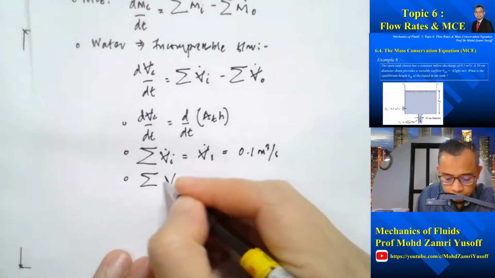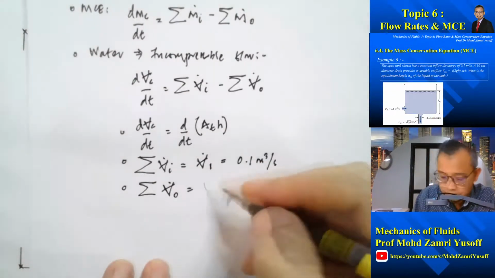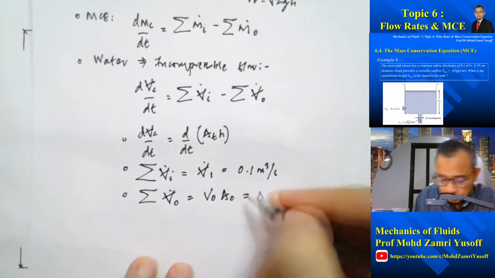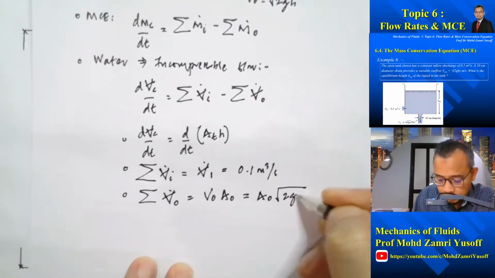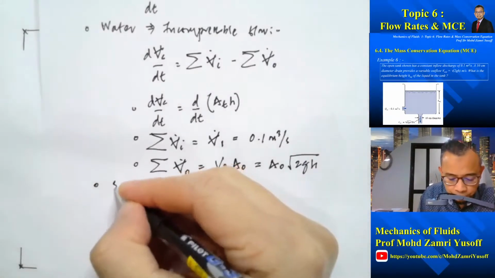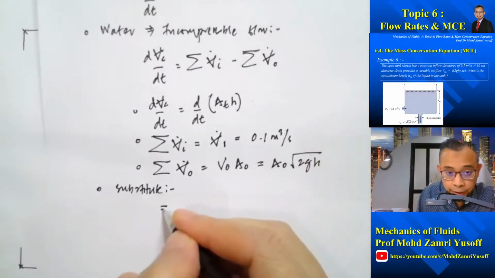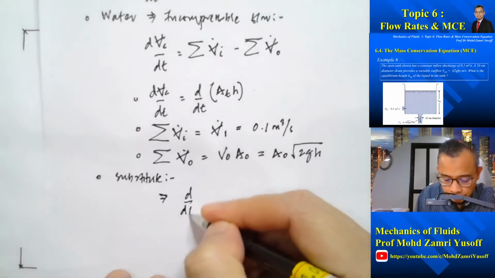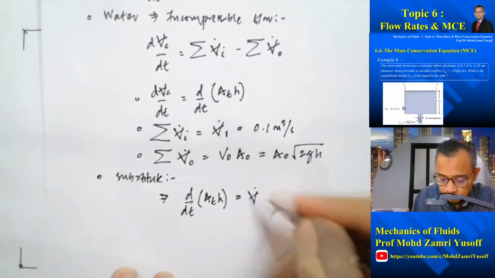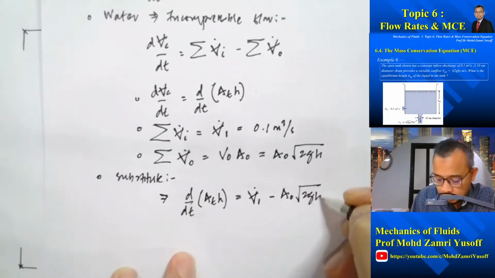Whereas the volume flow rate out, or discharge out, is equal to velocity out multiplied by A out, and equal to A out root 2 GH, right? Okay, so now if we substitute all this into this equation, we can write d by dt of ATH, and this must be equal to V dot 1 minus A naught root 2 GH, right?